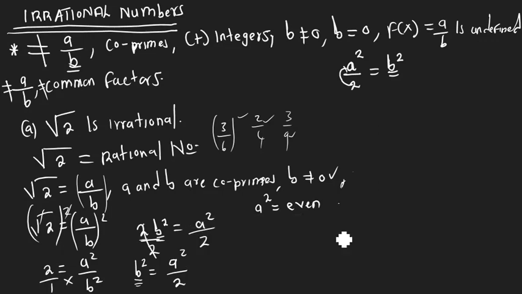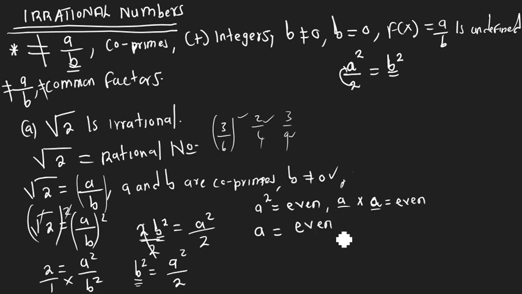Then if a to the power 2 is even, we know that an even number multiplied by an even number gives an even number. Then this implies that a in its individual capacity is also even.